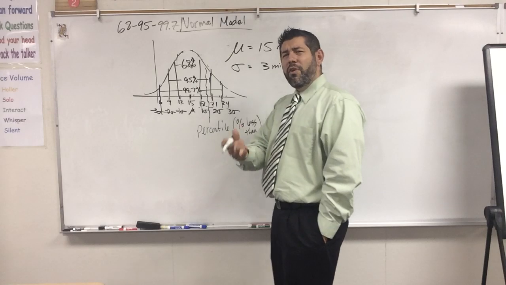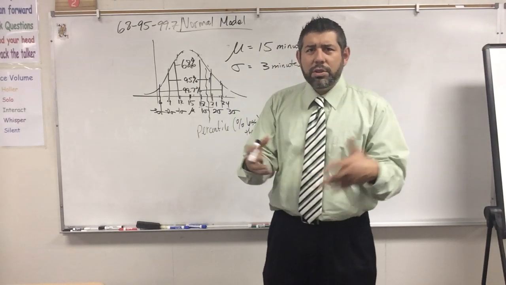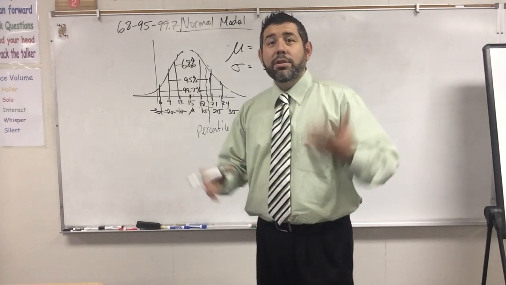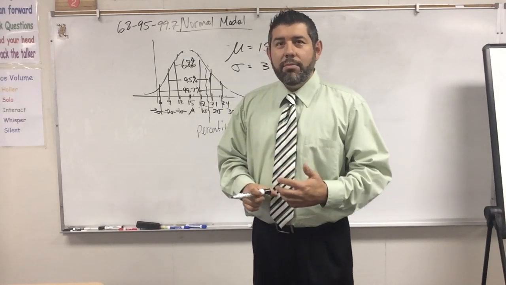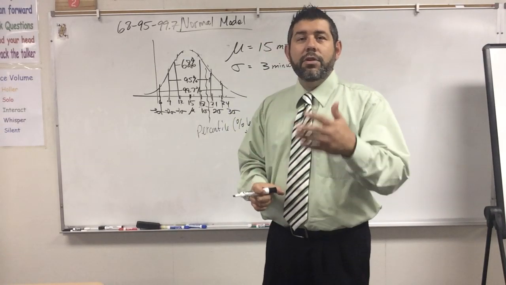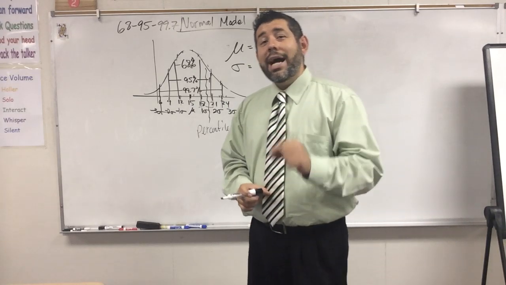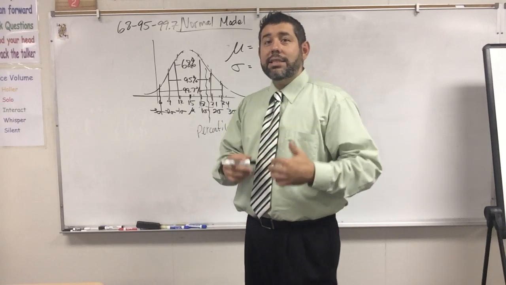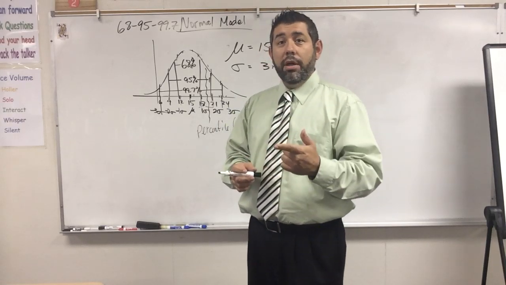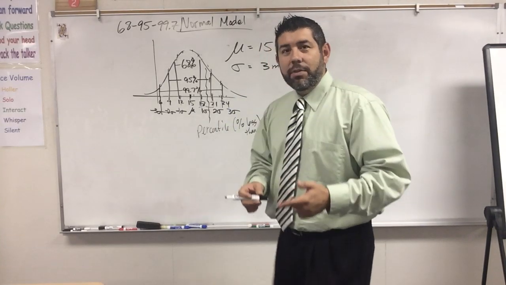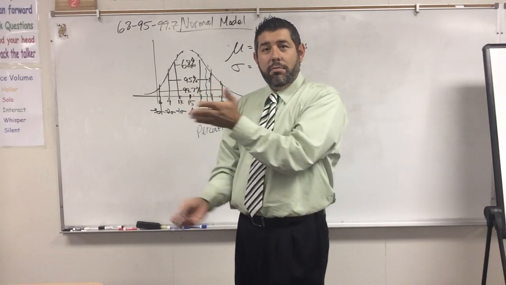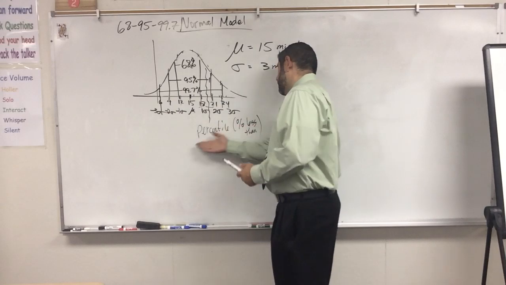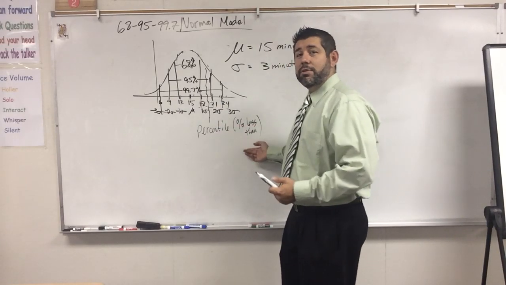Some of you have seen your SAT or PSAT reports, and they say, hey, you're in the 92nd percentile. Well, what does that mean? If you're in the 92nd percentile, that means 92% of people like you scored less than you did. Pretty good, all right? If I'm in the 50th percentile, I'm right average, right? I'm average. So we're going to do some things where we have to find the percentiles.